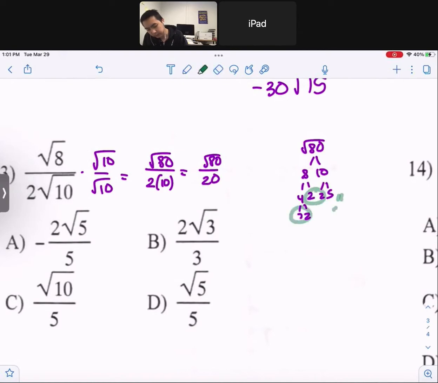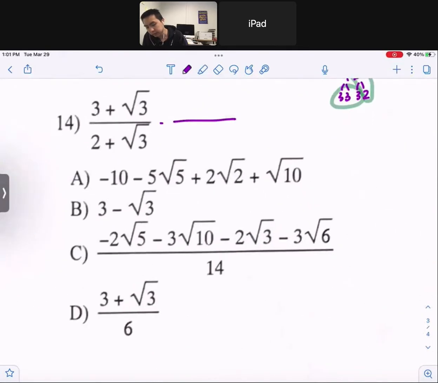Pairs, pairs, leftover. So radical 80, you guys, is going to be 2 times 2 for 4, leftover square root of 5, all over 20. And simplify this fraction, dividing top and bottom by 4 for square root of 5 all over 5. And that answer would have been D.